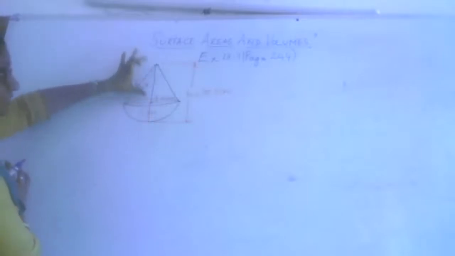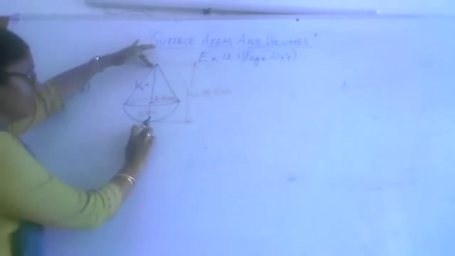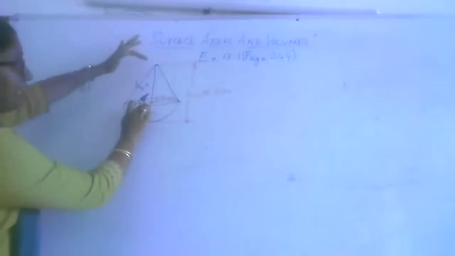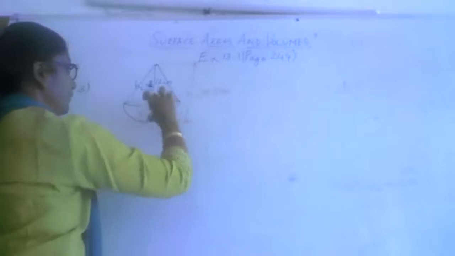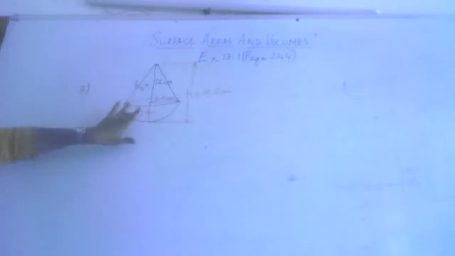Can I find out this height by 15.5 minus 3.5, correct? Yes, ma'am. From the 15.5, if I remove this 3.5, I'll get the height of the cone. So that is nothing but 12 centimeters. How? 15.5 minus 3.5 will give you 12. So I got the dimensions of the cone as well as that for the hemisphere.